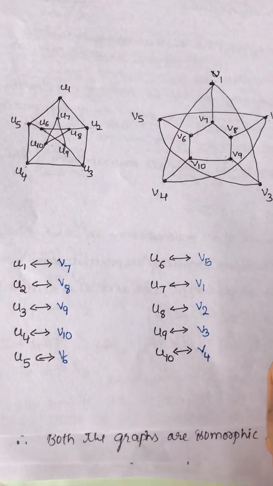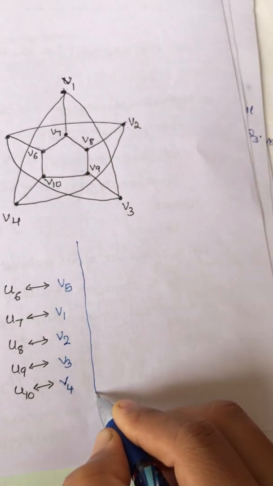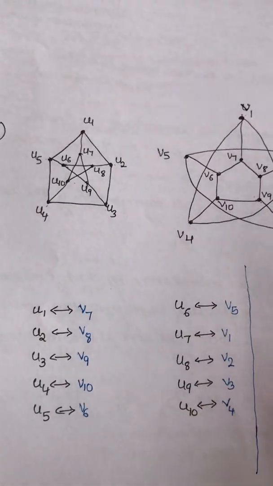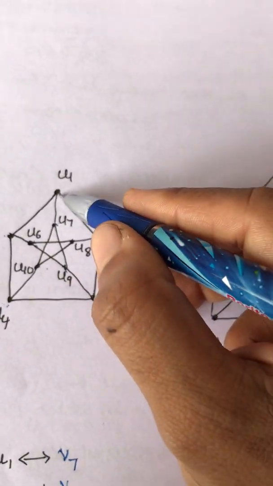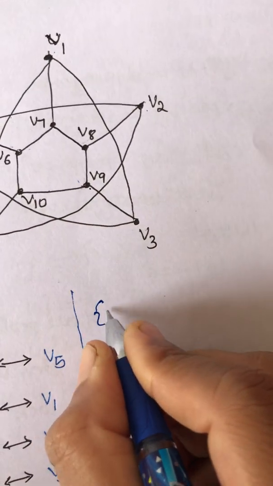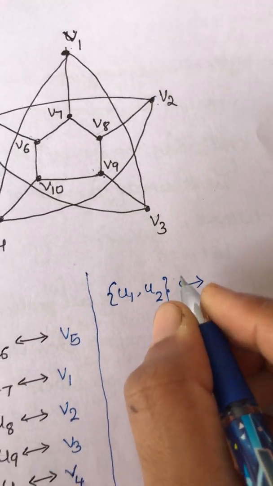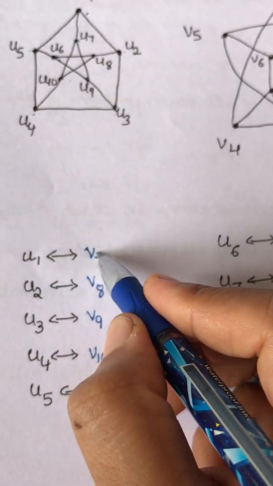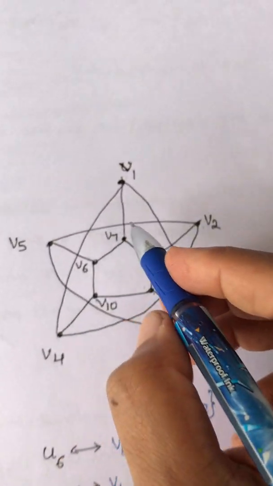So using this mapping between the vertices, now we have to write the mapping between the edges. So let me write few things. Suppose I take this U1, U2. What about U1, U2? U1 is mapped to V7, U2 is mapped to V8. So there must be an edge between V7, V8. Do we have?